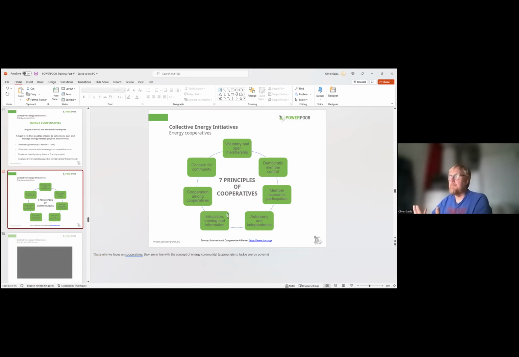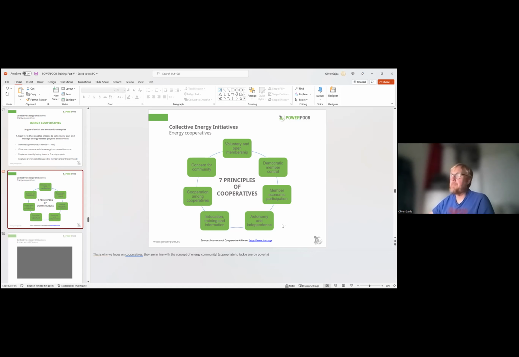So we have a number of principles here. It's open and voluntary membership, so you can join, but you don't have to. There's democratic control through the members. The members participate in the success. They may also have to give more money in case of need. The organization is independent, also from external influences.